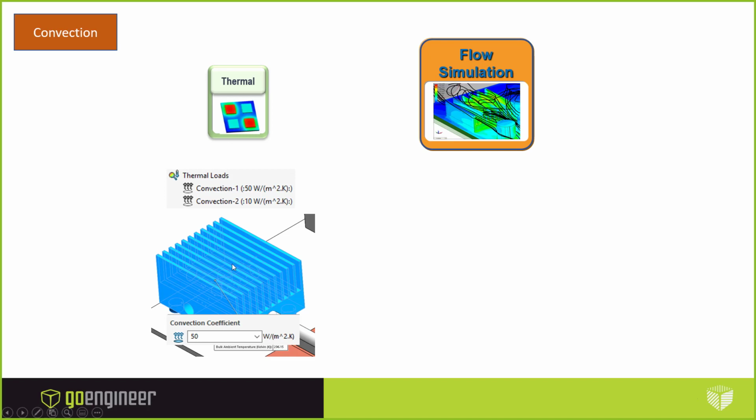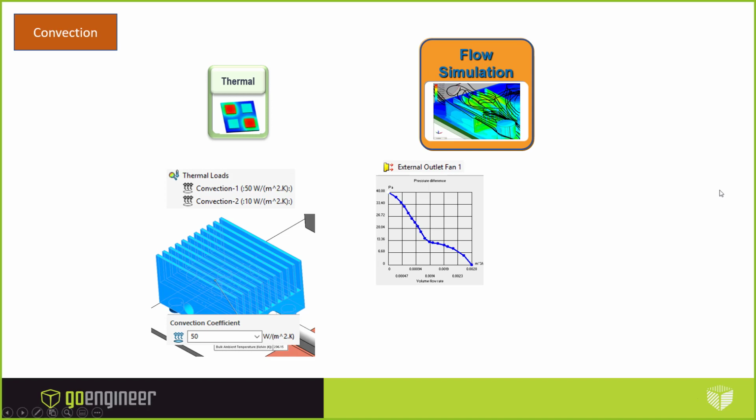So the thermal analysis is not actually calculating the airflow around the heat sink so much as we're just entering in a single number that describes the general airflow environment around that. So if you key in a big number for the convection coefficient, it's like you're simulating, oh, there's a lot of air flowing around, it's got very good airflow. If you key in a very low number for this convection coefficient, then you're assuming that the airflow is very poor, and maybe it's just free convection, doesn't have any fan blowing over it. So you're controlling that convection with basically a single number, whereas in flow simulation, we are modeling the convection.